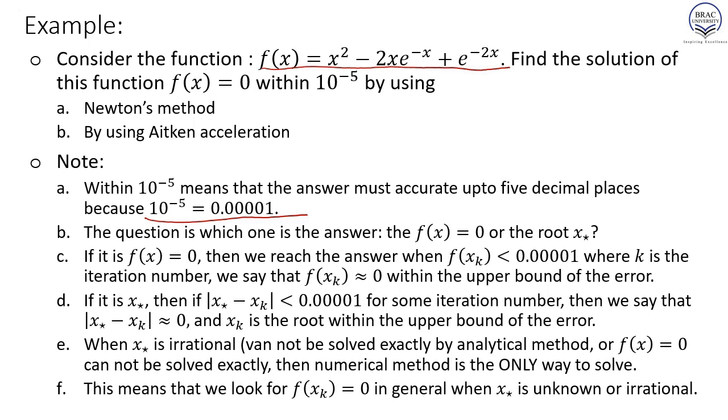But in this example we have to compute f of x after every iteration and check if it is within the bound, and then we continue the iteration. Once it is within the bound, we stop, and that is our solution. I hope everybody is clear what it means. So, in general, for numerical methods, we mean f of x to be 0. That is what we're looking for. So whenever x star is unknown or irrational, that is the case. Okay, let's move on.